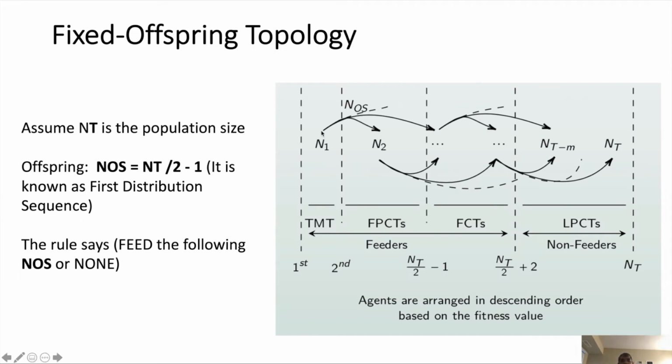As for the way the agents in the population communicate together, firstly we rearrange the agents in descending order. It means that the first particle in the population has the highest nutrition, and the last agent in the population has the lowest.